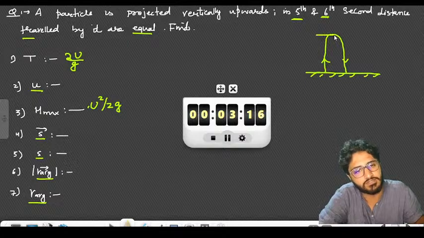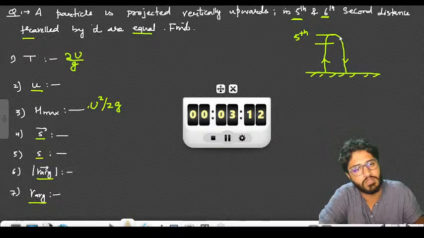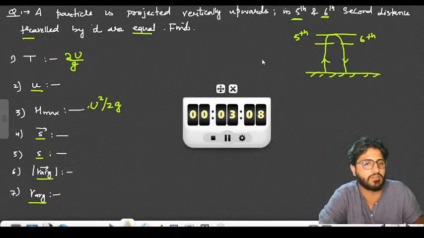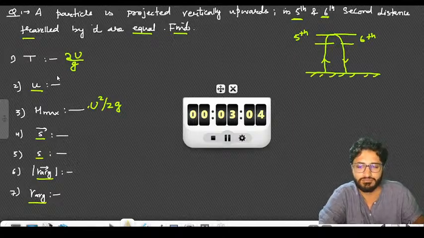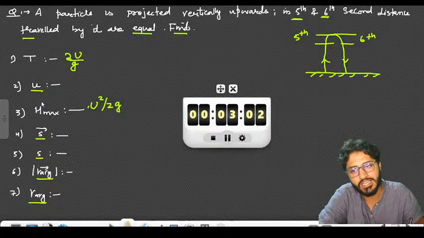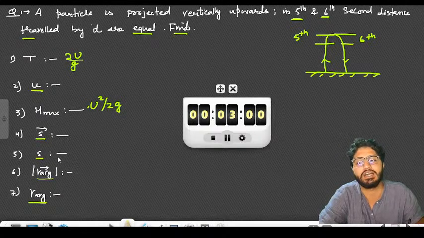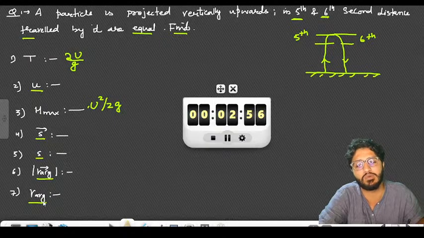That means this here is fifth one, this one is sixth one. Distance traveled is same. Okay, fine. Find time of flight, initial velocity, h max, displacement, distance, average velocity mod, average speed.